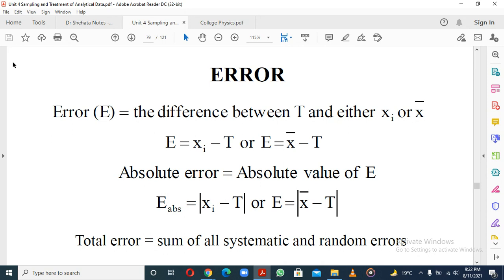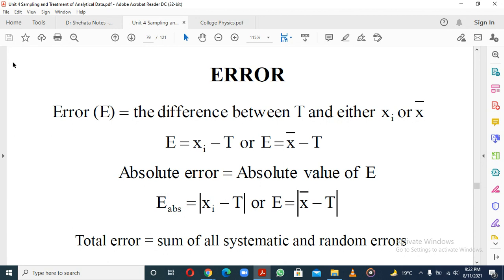So what is the accepted value? I'm sure you've heard of the true value. And the best example that I would give is that experiment that you do in physics, where you are trying to find the value of g. Now you know what the value of g is, isn't it? It's 9.8. So that's your accepted value. That is your t. So in that experiment, people get different values.